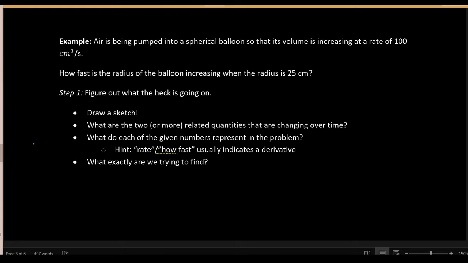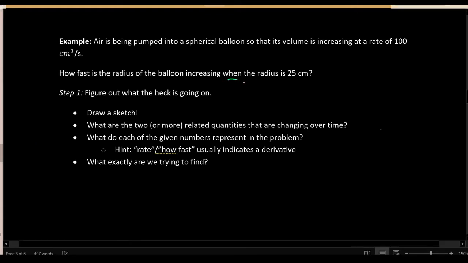Now, as you fill the balloon with air, the balloon gets bigger. So, as the volume increases, the radius of the balloon is also increasing. So the question is, how fast is the radius of the balloon going up at the very moment when the radius is 25 centimeters?